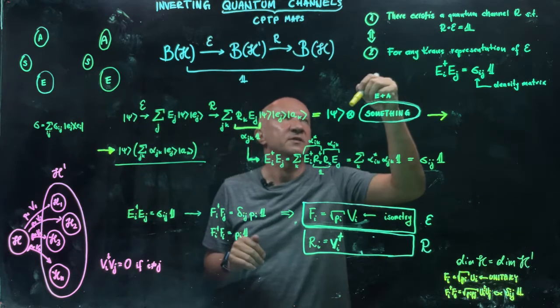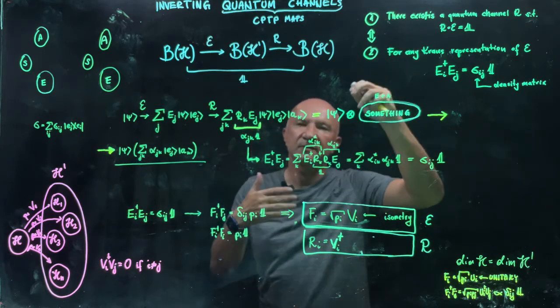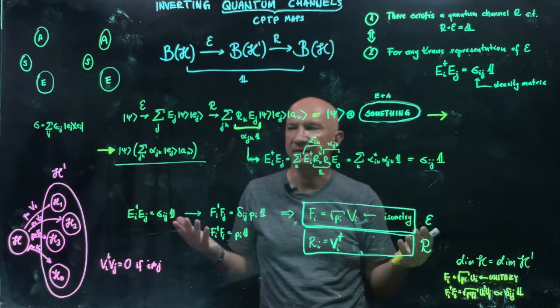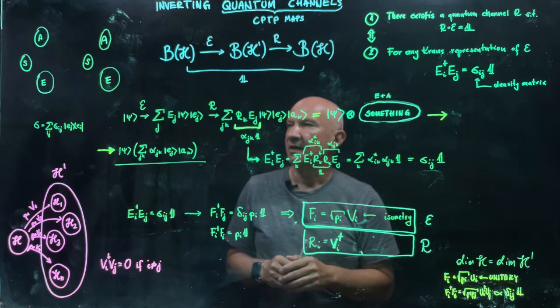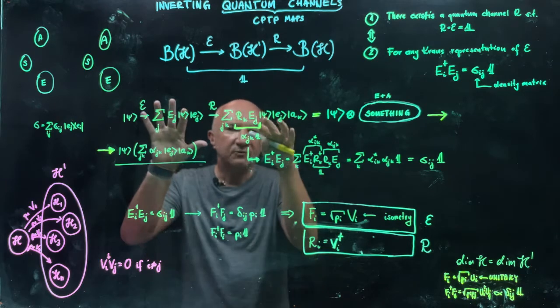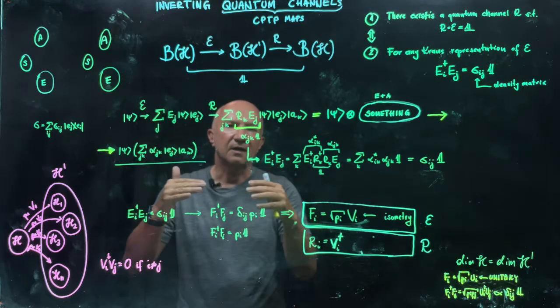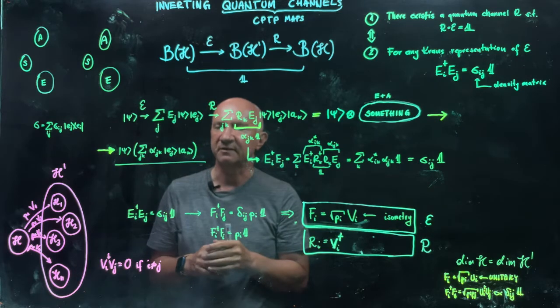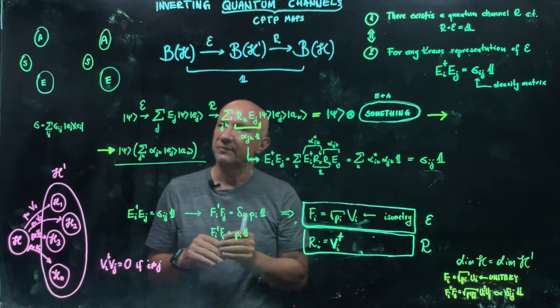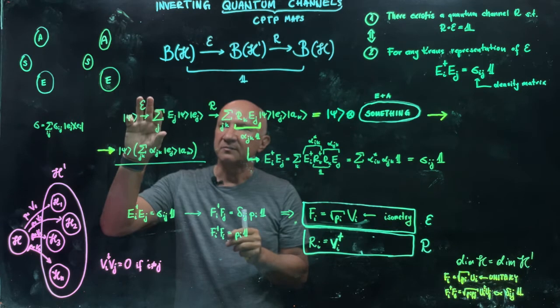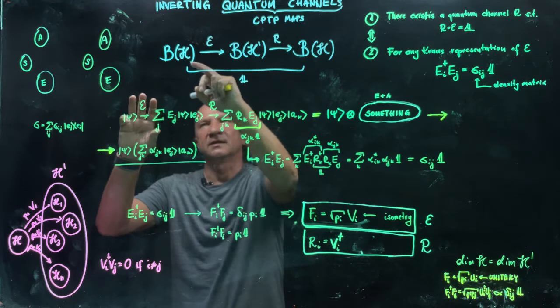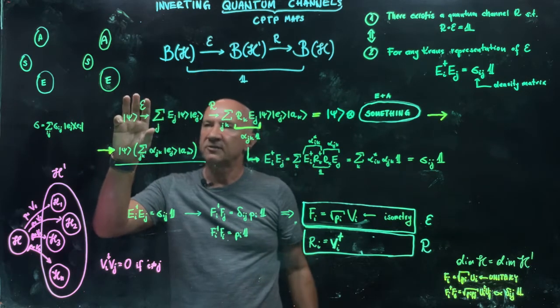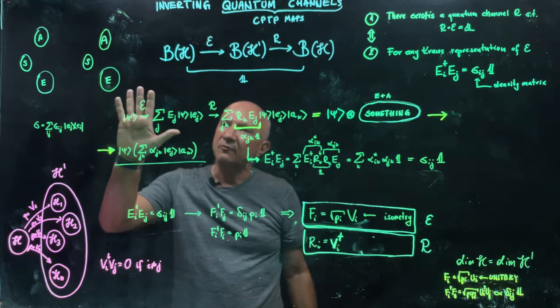So let me first go from 1 to 2. I'll show that 1 implies 2, and then I'll show that 2 implies 1, and that will give us the equivalence. I'm going to include the environment and the ancilla in our discussion because it gives you better physical insight into the process. We start with a system, a vector psi in the Hilbert space H. Apply our quantum channel.